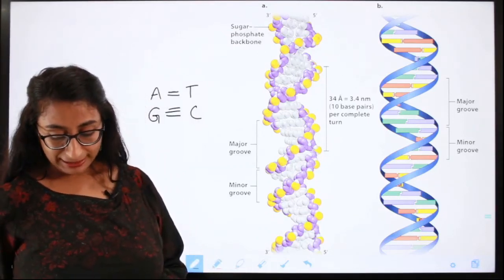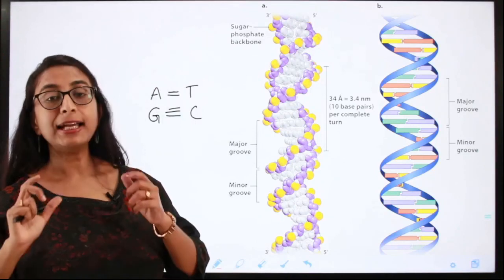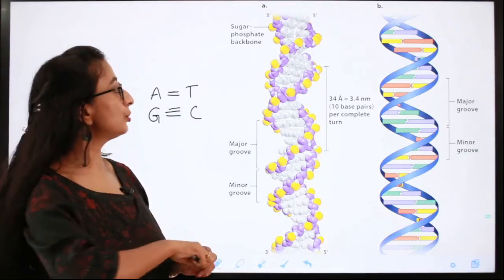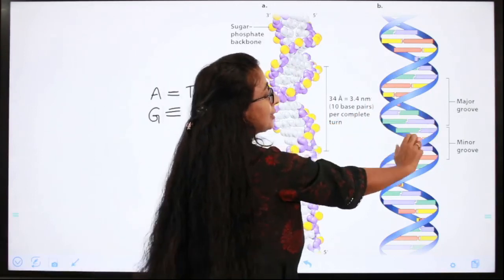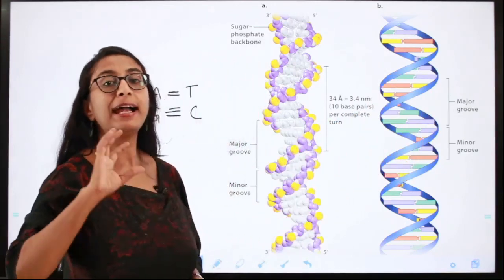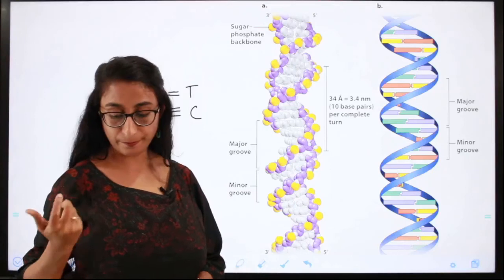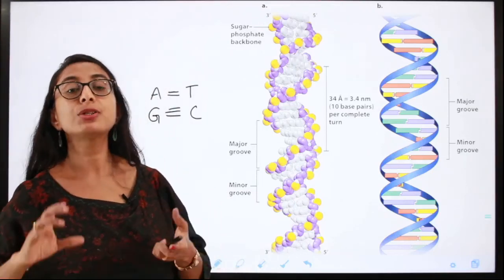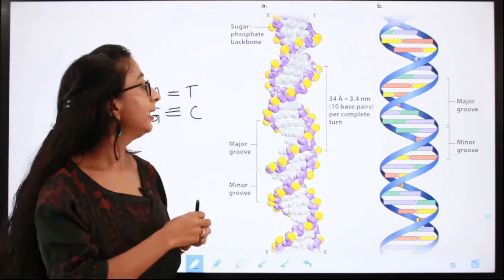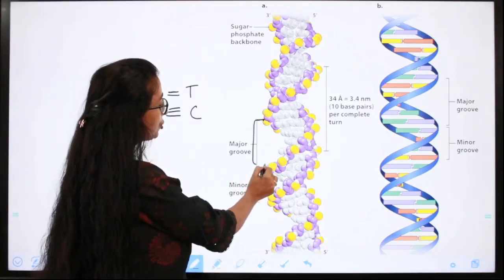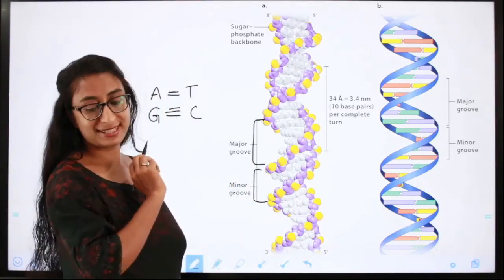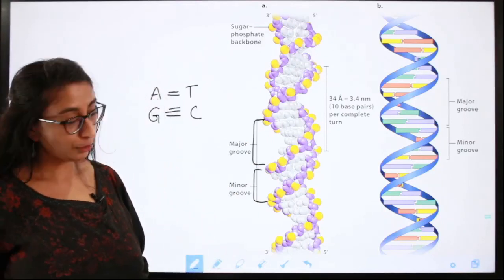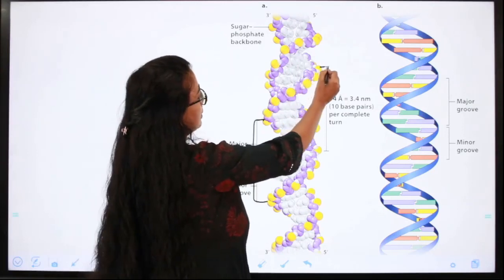The double chain is coiled in a helical fashion. Okay, so this kind of coiling is called as helical fashion, and it is also a right-handed fashion. Okay, the coiling is right-handed, and because of this right-handed helical coiling, you can find the presence of major grooves and minor grooves. And then the pitch of the helix. Okay, this is the pitch of the helix.